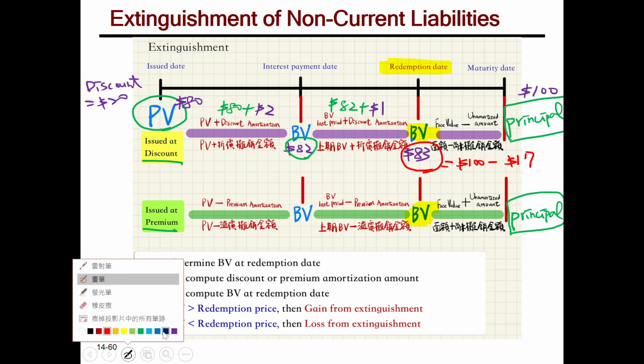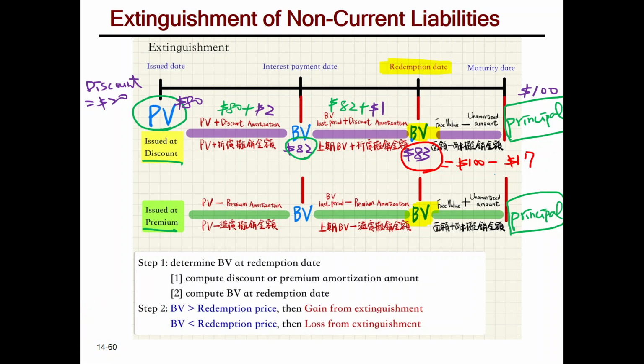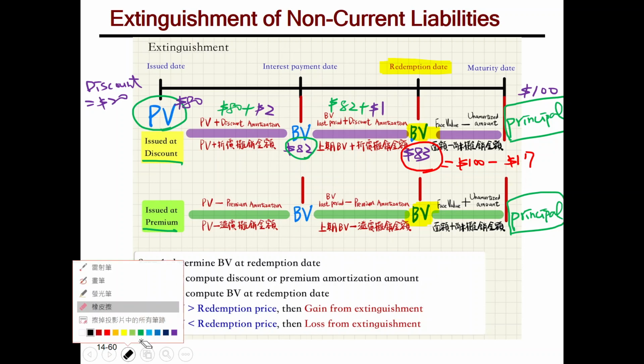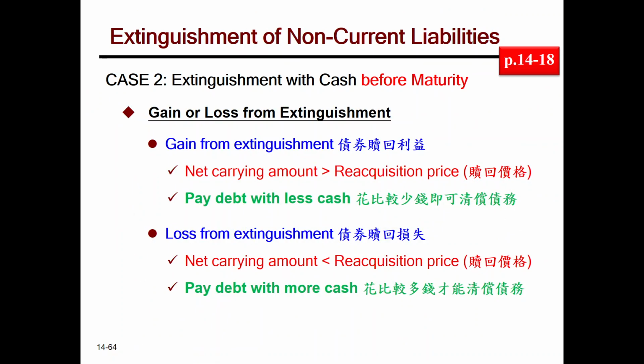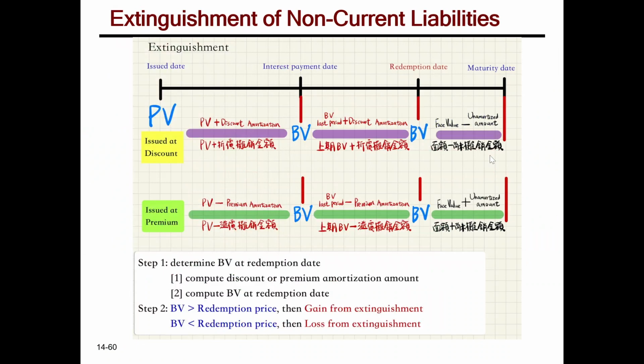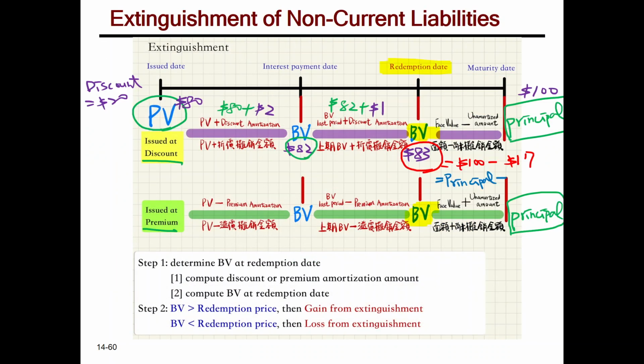What is 17? $17 is your discount $20 minus 2 and 1.